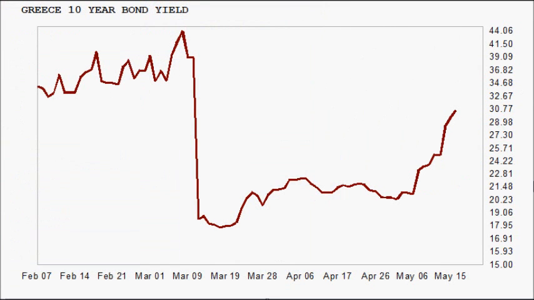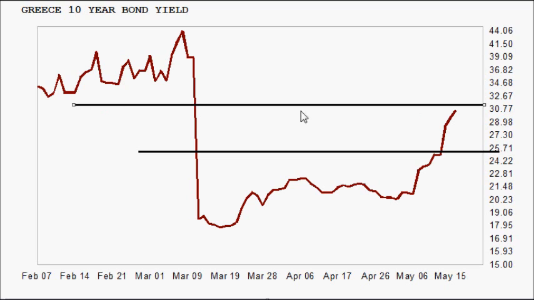Well, obviously that was the case, because this level in here was really not resistance, and now we're up to pretty close to this little area in here.